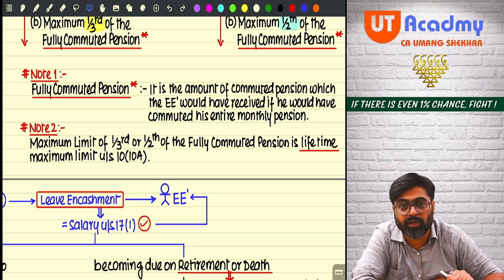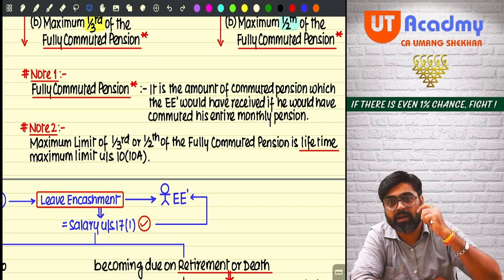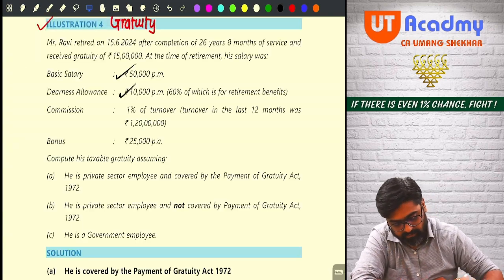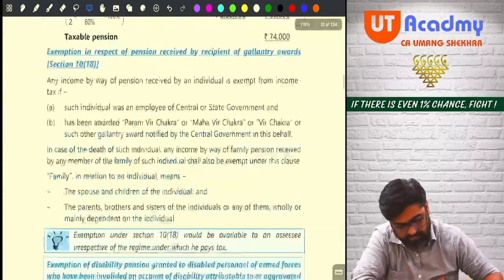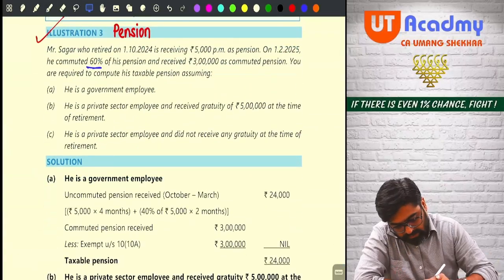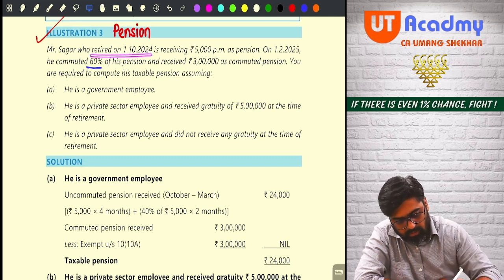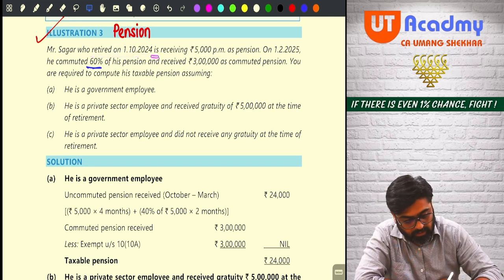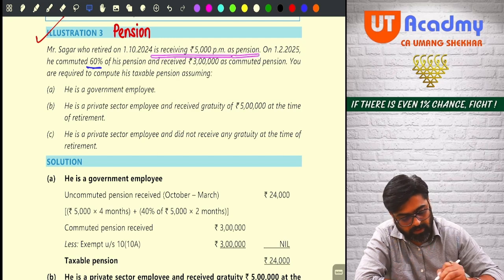Let's do one question. The last question which you did was question number 4. Now, start with question number 3. Mr. Sagar, who retired on 1st October 2024, is receiving 5,000 per month as pension.